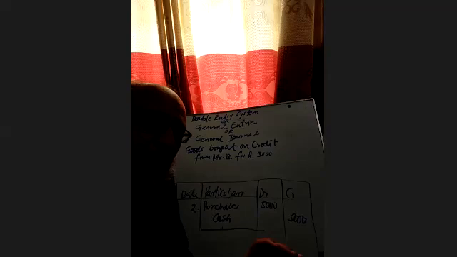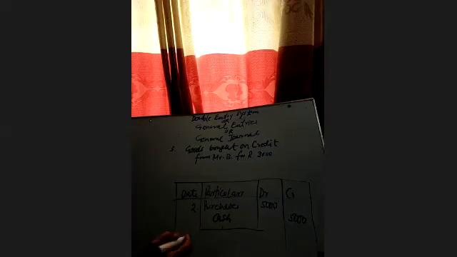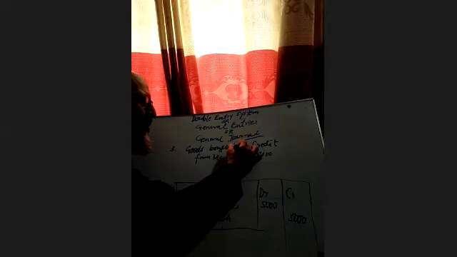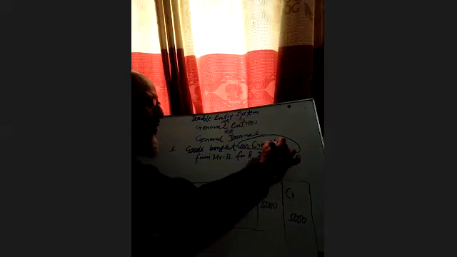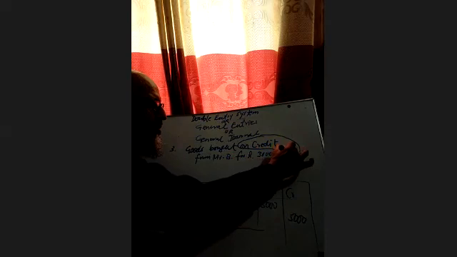Now, in this transaction, you are again buying goods, but this time the goods are not bought for cash. It is on credit. Credit means you will pay it after some time. So it is your liability, and your liabilities increased.